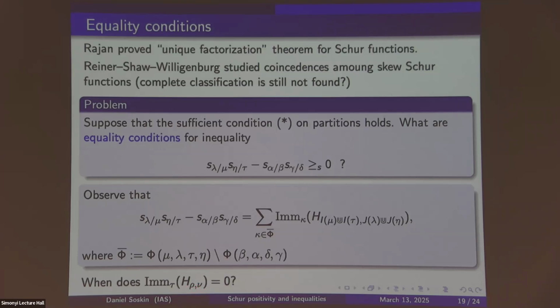The submatrix of the Jacobi-Trudi matrix given by two partitions rho and mu is given in the following way. Each entry ij is a homogeneous symmetric function h of rho i minus mu j. We can define any submatrix using a pair of partitions.